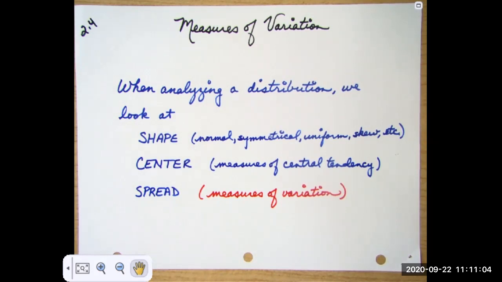We've already discussed shape and center in previous videos. Today we're going to talk about spread, which is defined by our measures of variation.